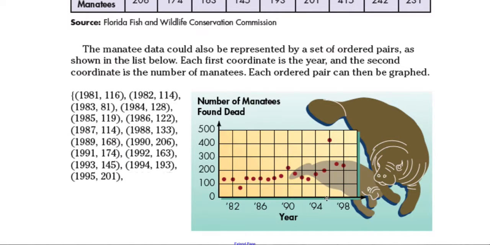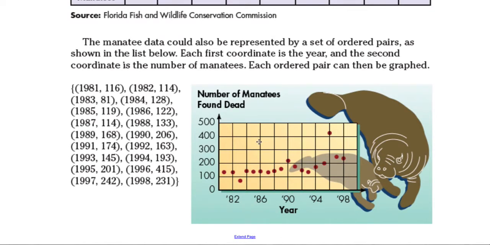201 for 1995, and 1996, 415. That's a big jump right there. So 1996 should be around that area, 415 manatees found dead, all the way to the last one, 1998, at 231.